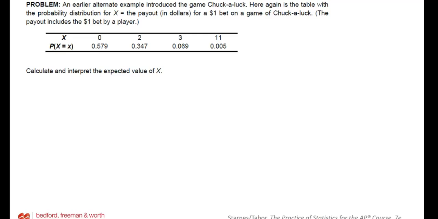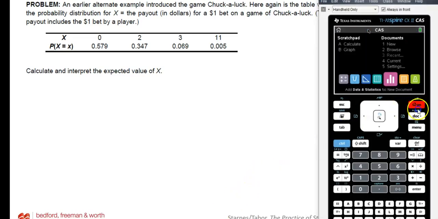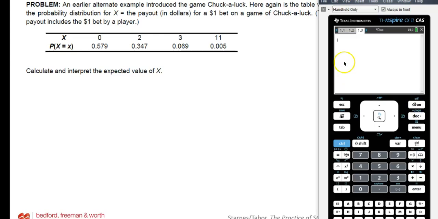Okay, so calculate the expected value for this one. So again, you would just get your calculator out, go to the home screen.